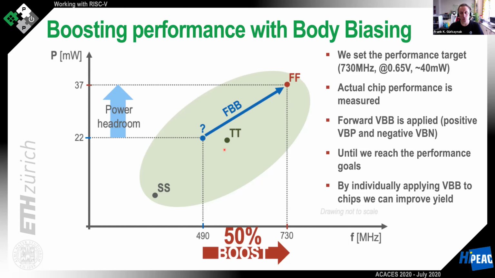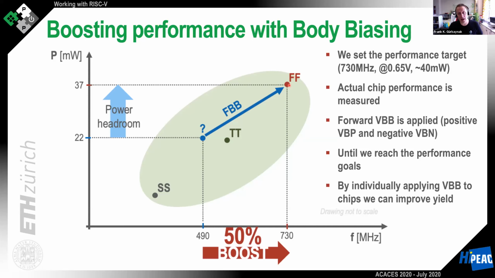In this case, you realize that this should be my operating corner. You say chips should work at 730 megahertz at 0.65 volt and consume around 40 milliwatts. Then you pick your individual chip, and for example it lands somewhere here. In this case, it's working only at 490 megahertz and consumes 22 milliwatts.